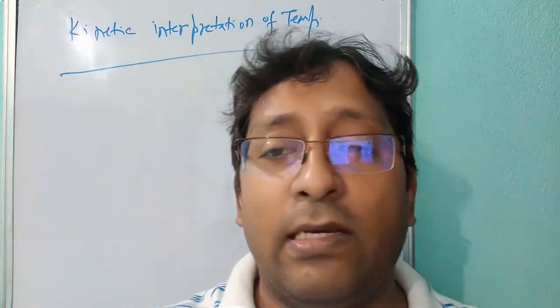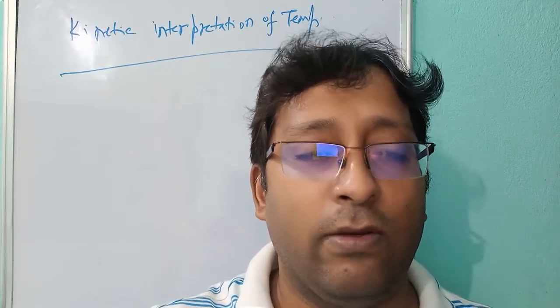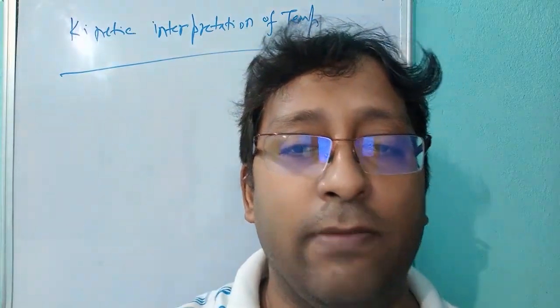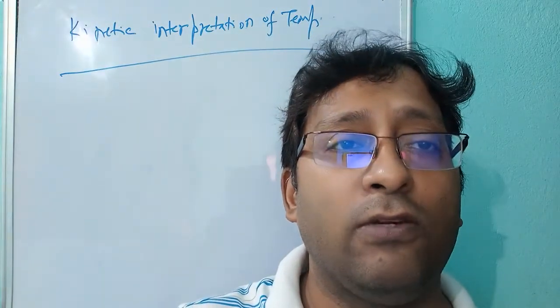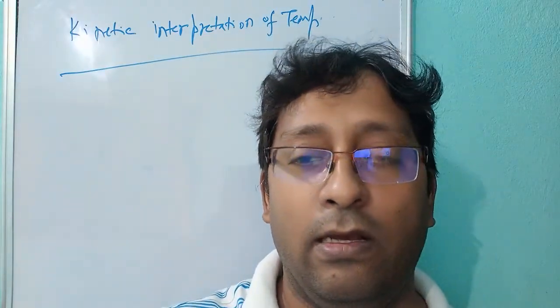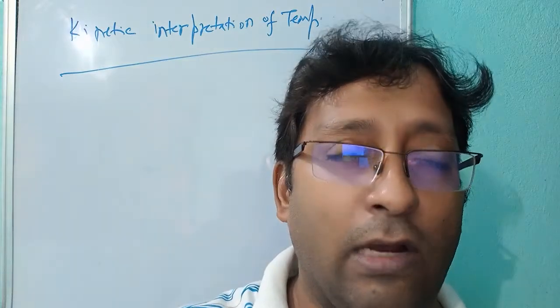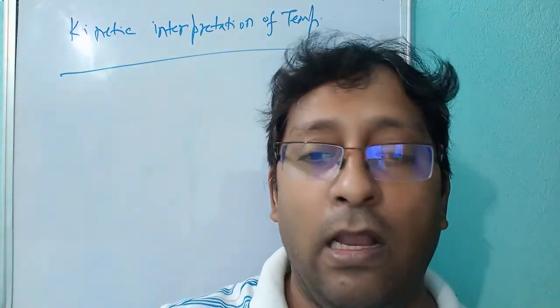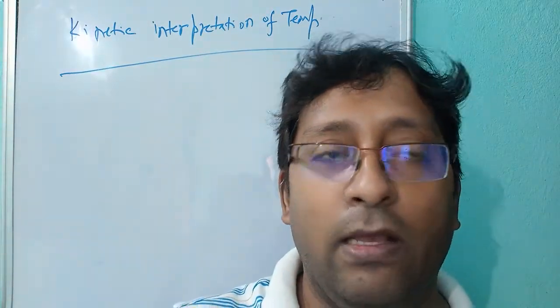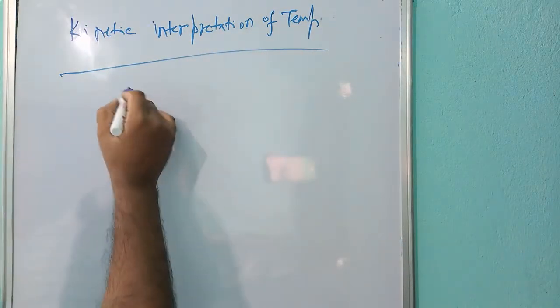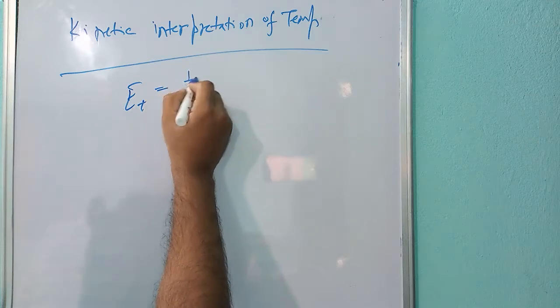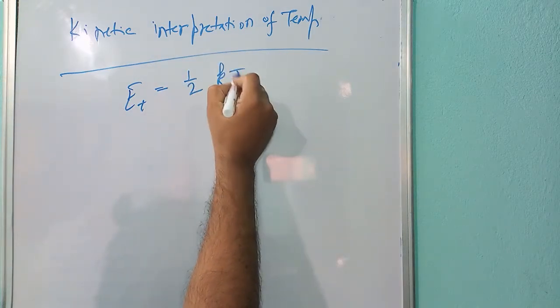So guys, in the case of kinetic interpretation of temperature, consider a system of molecules of a monoatomic gas. Then according to Maxwell's law of equipartition of energy, your total energy E will be equal to 1 by 2 kT.